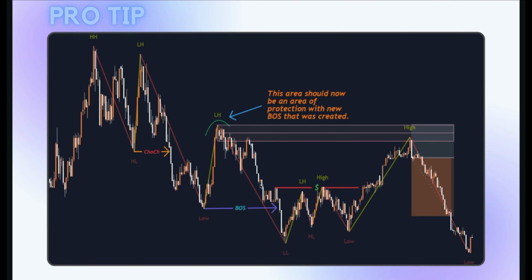So make sure you look for that break of structure, or that second break of structure, because you had one here, right? You had a change of character, or your first break of structure, then you look for the second one, and now this new high, or lower high, or pullback should be considered an area of protection. Pretty easy, pretty simple.